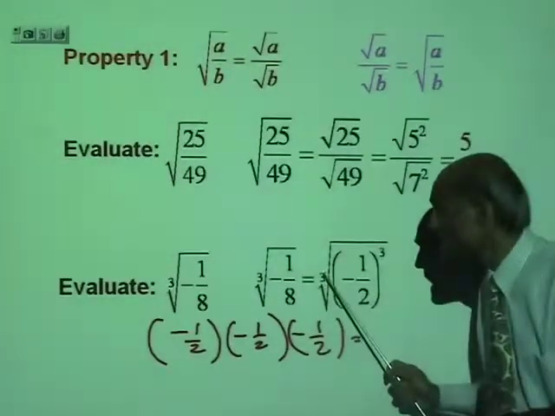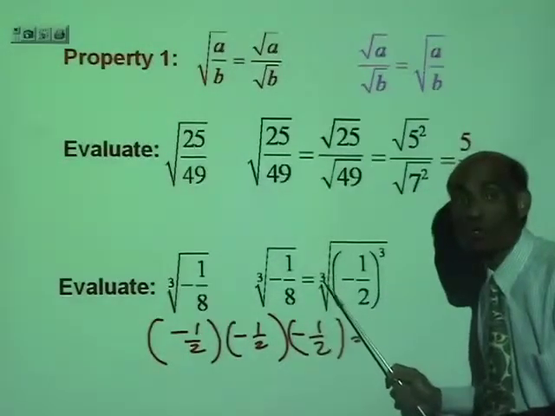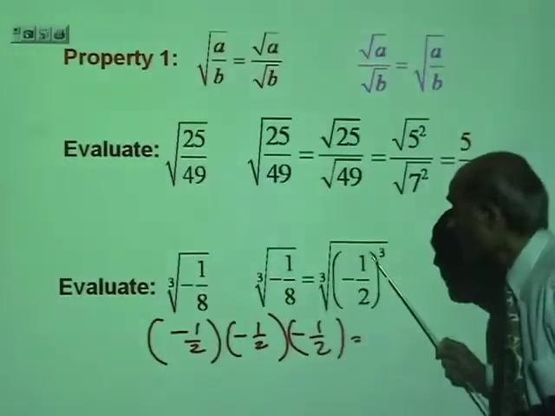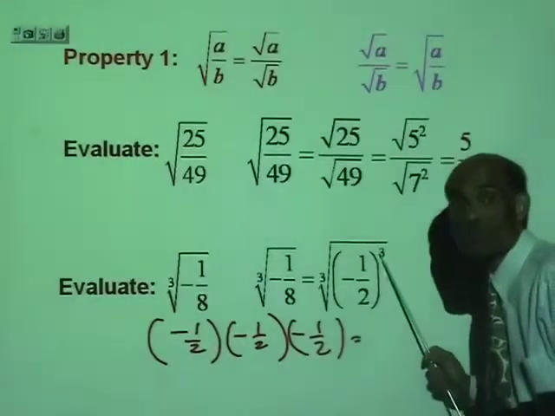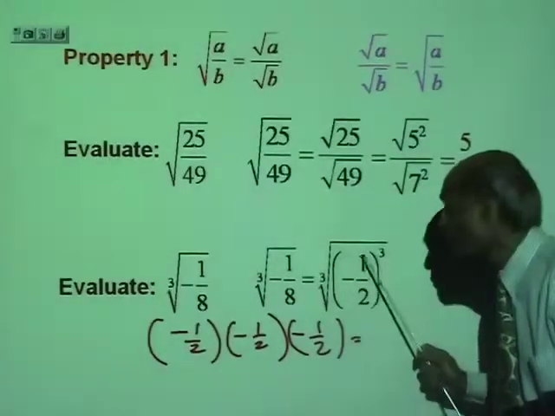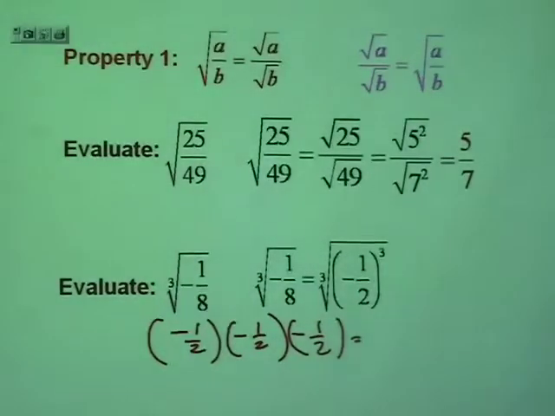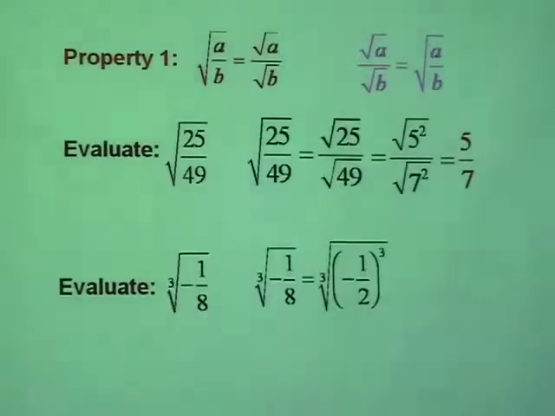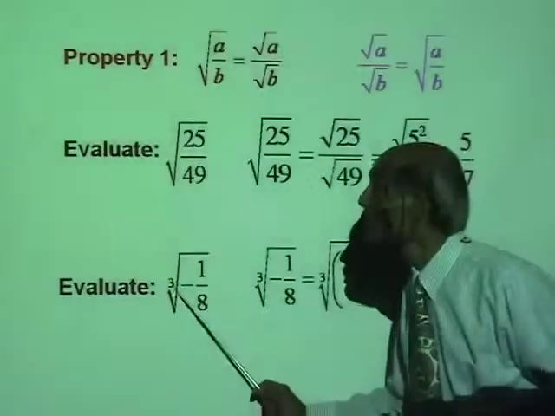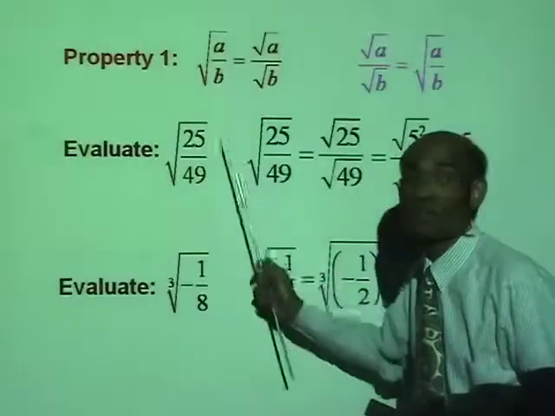Alright, what is now the cube root of that? Cube root of a quantity raised to the power of 3 will be that quantity, that is negative 1/2. There you go.